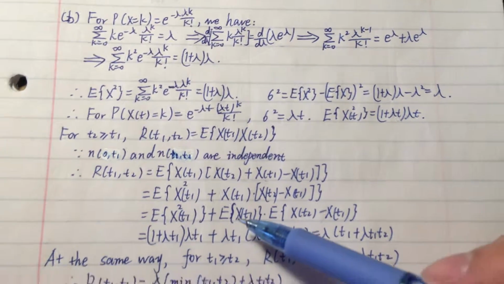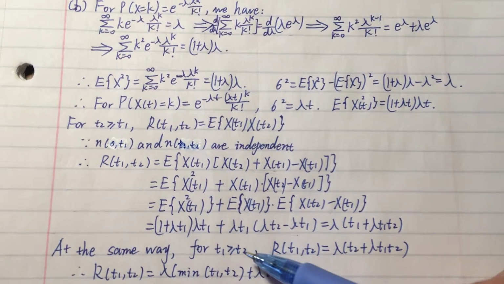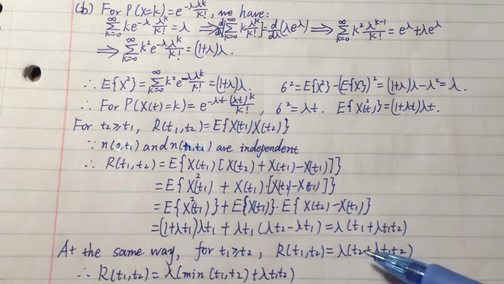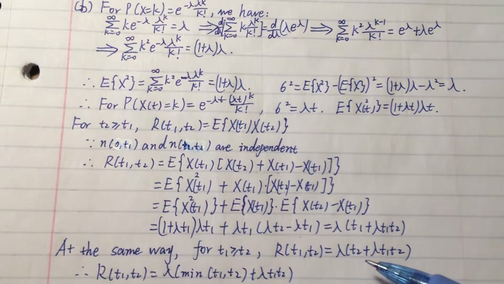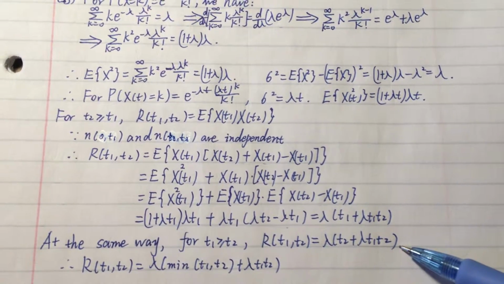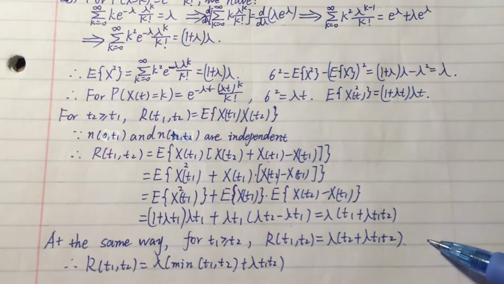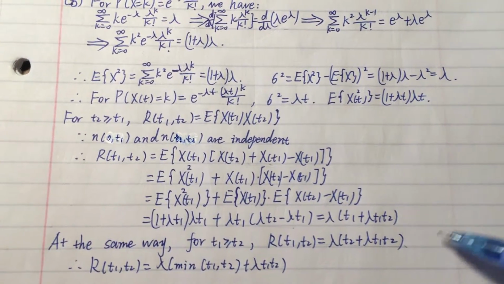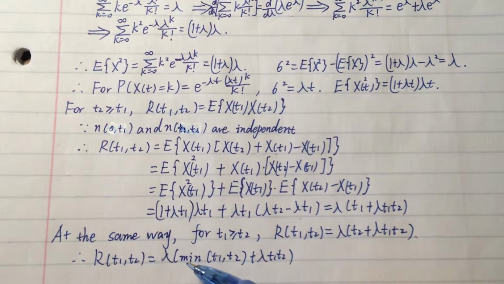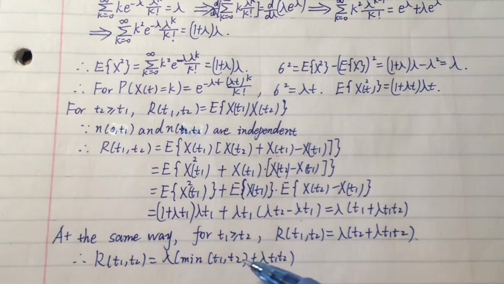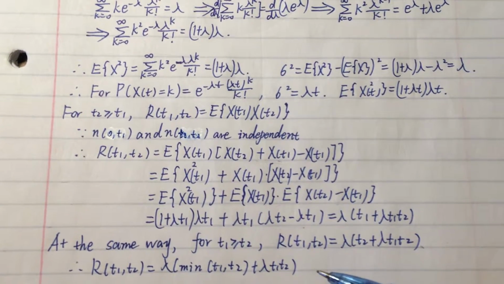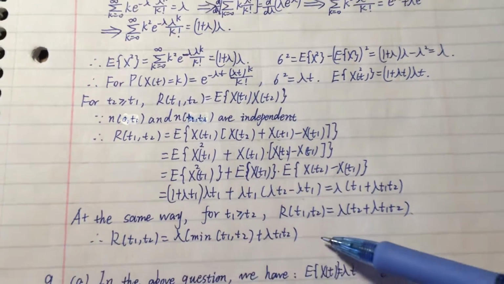And in the same way, for t1 larger than or equal to t2, we just change t1 to t2 and t2 to t1, so we can get this equation. So above all, we can get the autocorrelation equals lambda times the minimum of t1 and t2 plus lambda squared t1 t2. So this is the final result.